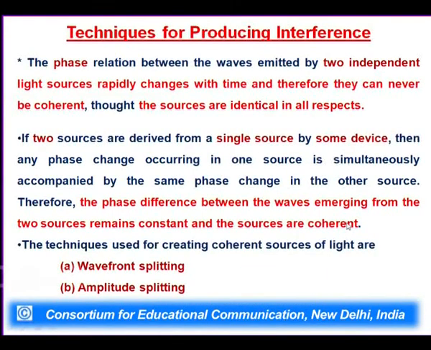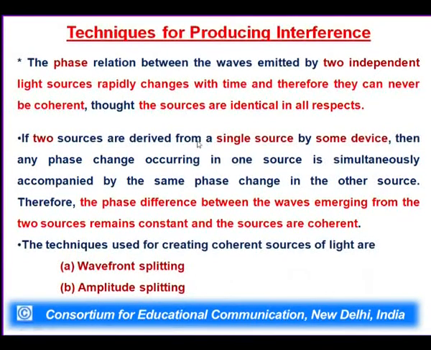Before we start, let me remind you of some points about interference. These are the techniques for producing interference. The phase relation between the waves emitted by two independent light sources changes rapidly with time, and therefore they can never be coherent, though the sources are identical in all respects. But for interference, we require two coherent sources.